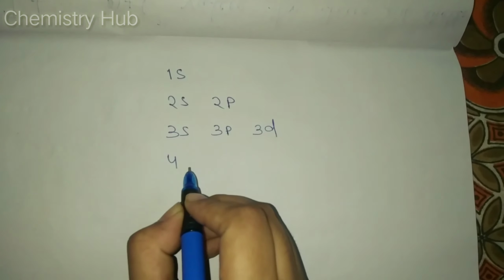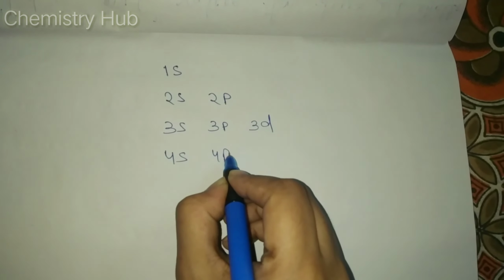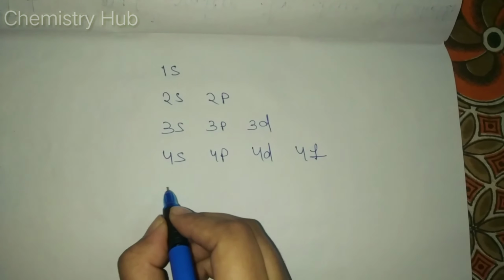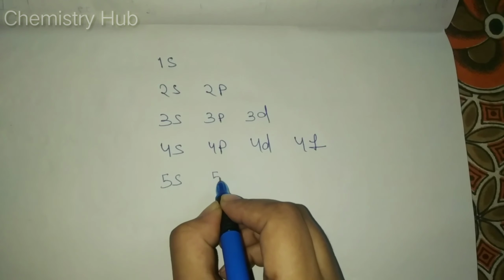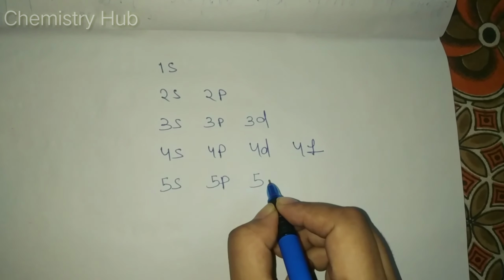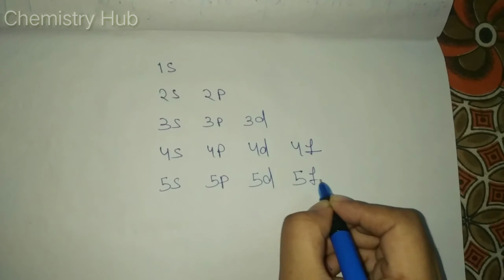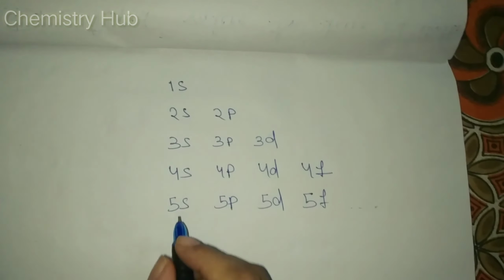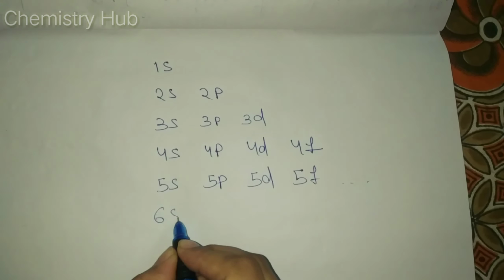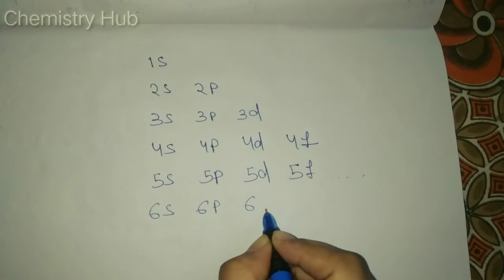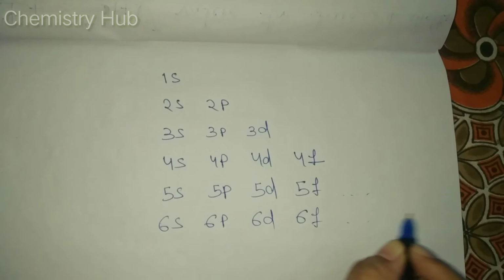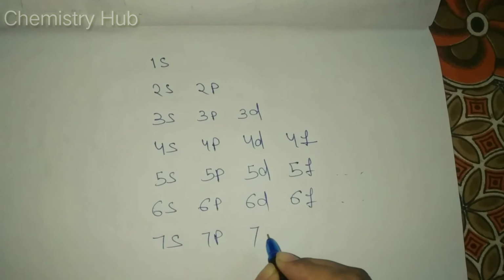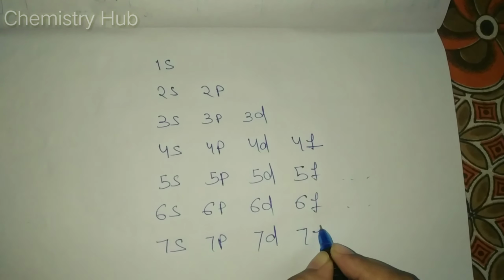Then 4s, 4p, 4d, 4f, then 5s, 5p, 5d, 5f, and you can write this, but this is not required for you. Then 6s, 6p, 6d and 6f. Then 7s, 7p, 7d, 7f.